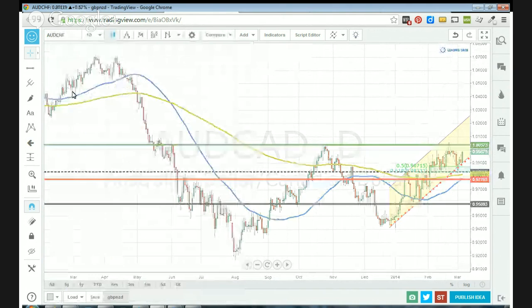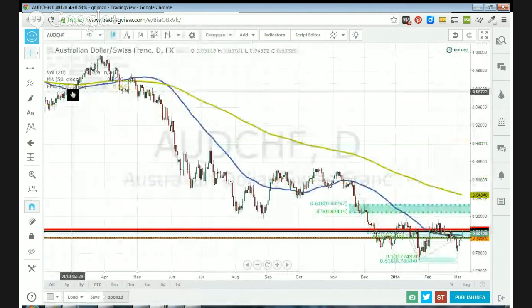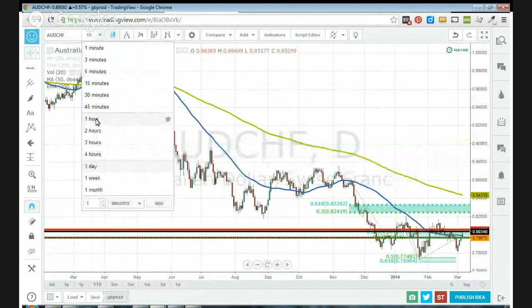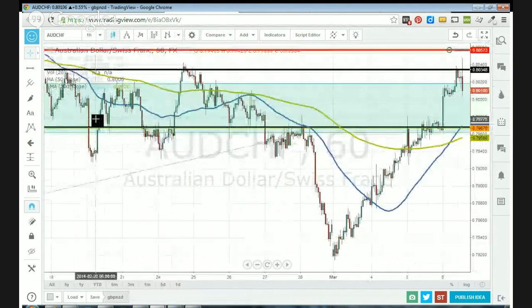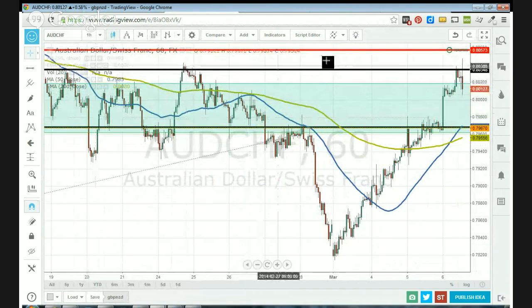Aussie Swiss. Yeah, well, I'm short this. We saw this earlier. Take a look at it on the hourly chart. Oh, that's encouraging. Okay, so at least we fell sharply below.